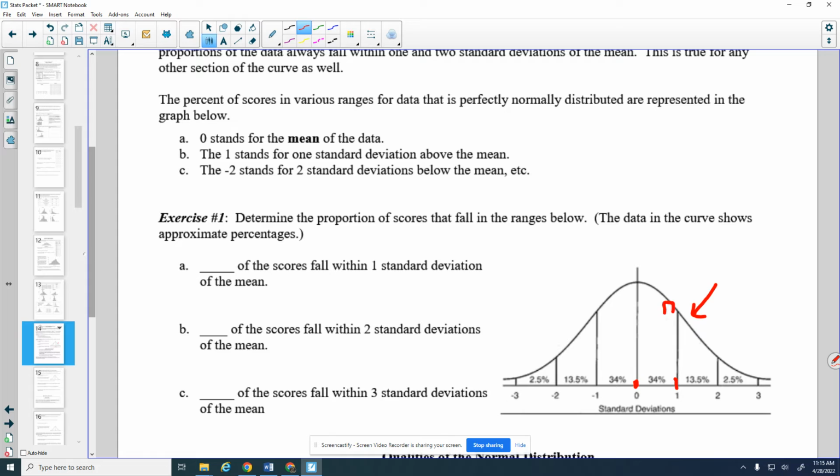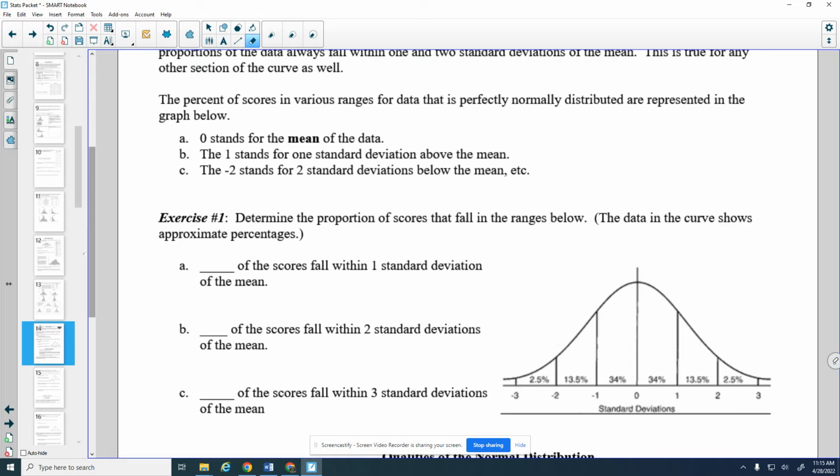You can imagine this as being like a bar graph that got flattened out into a curve. So back up to here, 0 stands for the mean of the data. The 1 stands for 1 standard deviation above the mean. The -2 stands for 2 standard deviations below the mean. That's how it's labeled because those standard deviations away are important and they're our main focus for today.